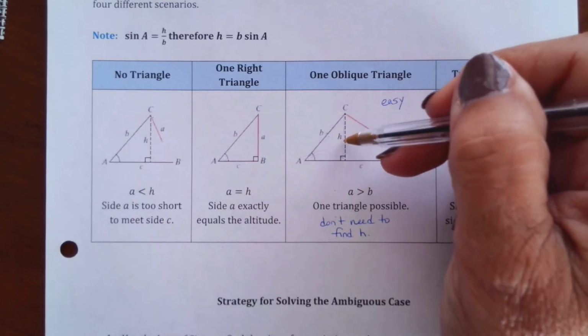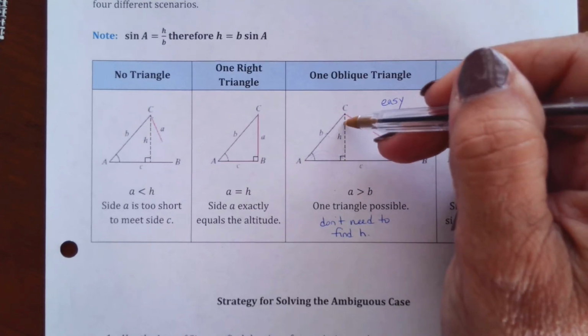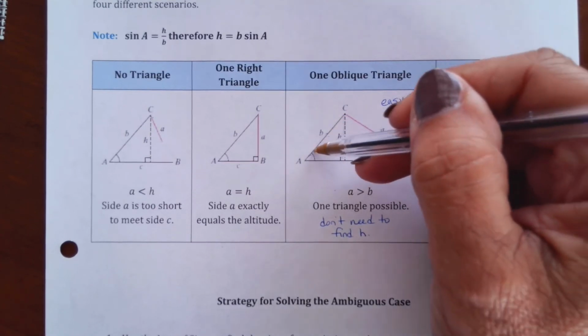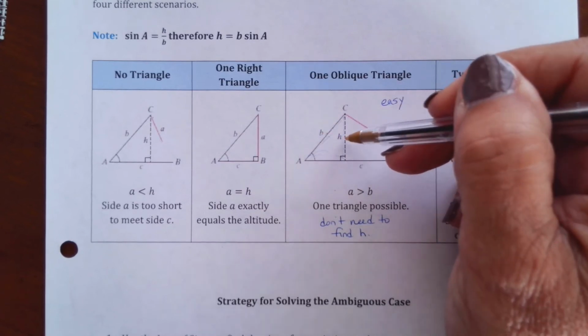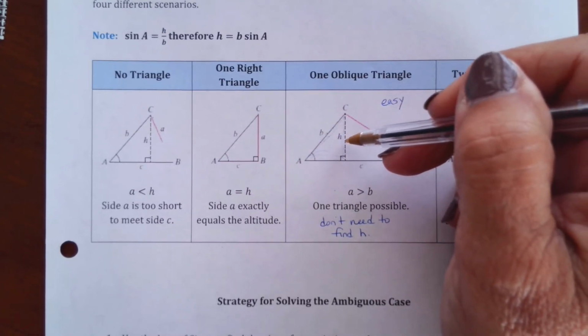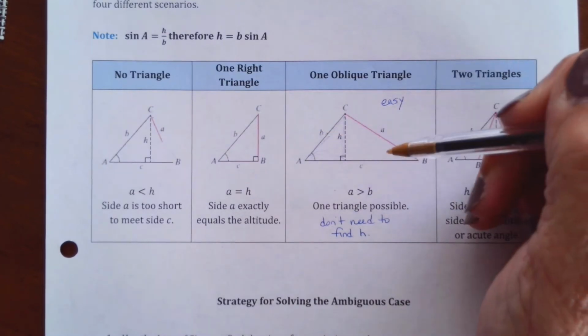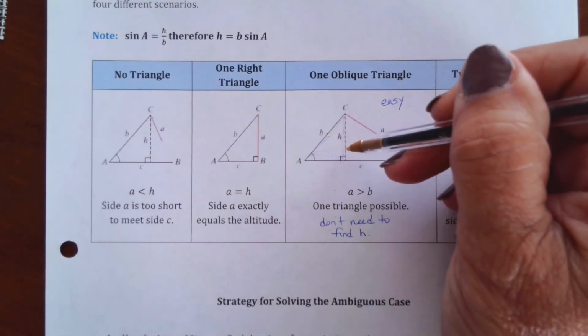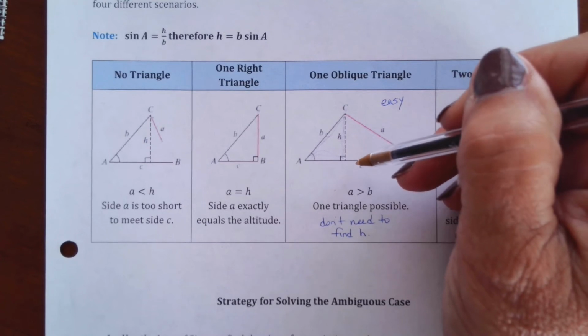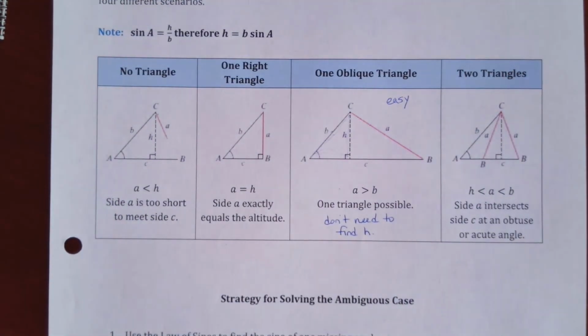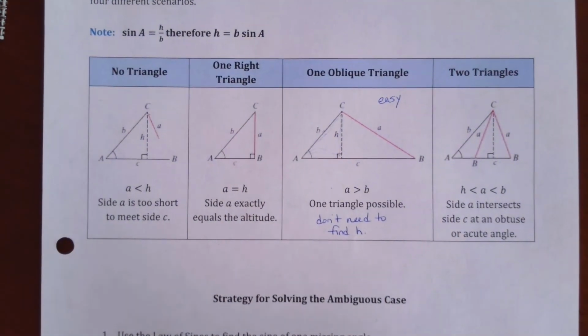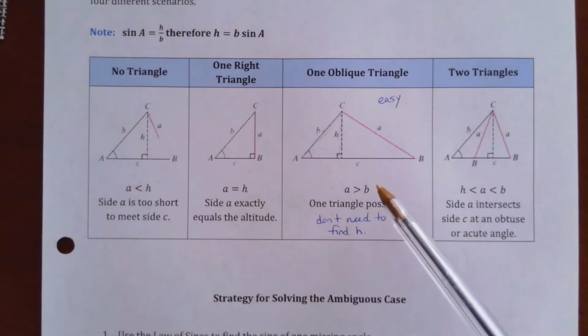It has to be. h is a side of the right triangle, but since b is the hypotenuse, b has to be bigger than h. So just by default, if a is bigger than b, it's automatically bigger than h. So there's no reason to find h, because I know a is bigger than that. Hopefully that makes sense.